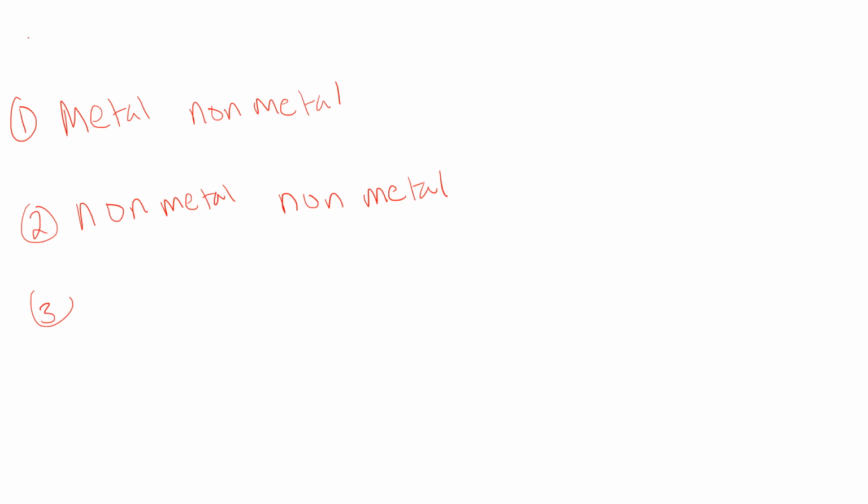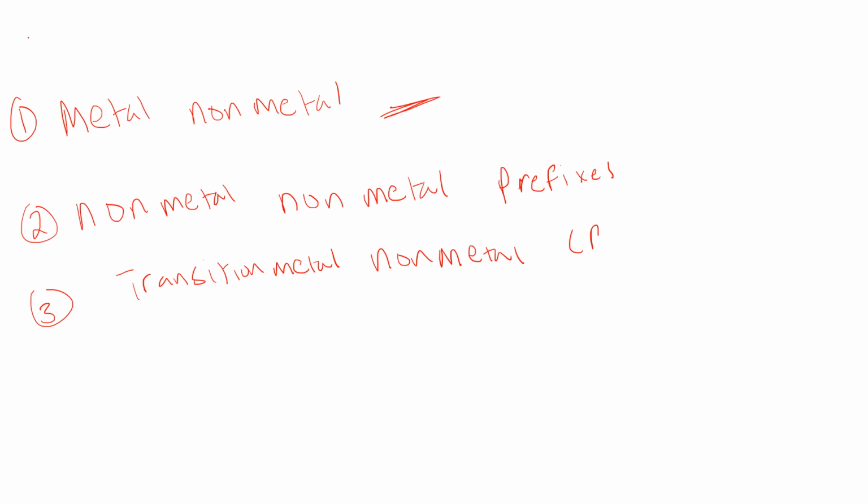Three would be transition metal and non-metal. All right, metal, non-metal, there's nothing really special about them, so we'll leave that blank. But non-metal, non-metal, they have prefixes, and we'll get to that. Over here, they use Roman numerals.